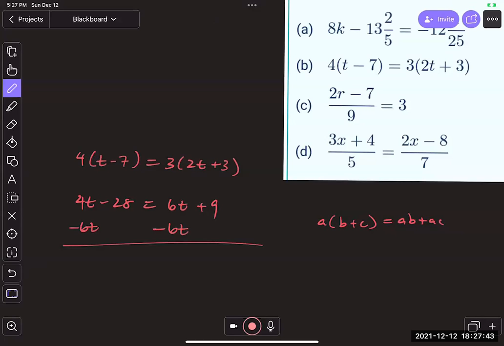What do we have? Negative 2t minus 28 is equal to 9. Okay, next step. Plus 28 on both sides. Right. The minus 28 is the last thing that happens, so it's the first thing you undo. So you have negative 2t is equal to 37. What do you do now? Divide by negative 2 on both sides. What's our answer?